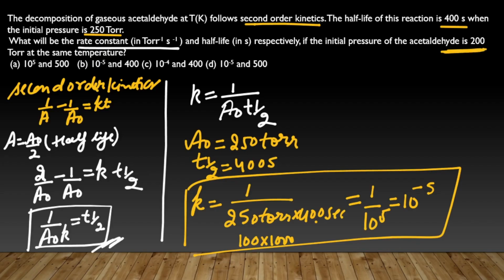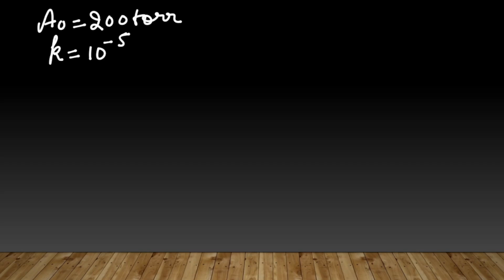This time the initial pressure is different. So if the A naught value is 200 torr, the reaction is still the same, so the rate constant is going to remain the same, in torr inverse second inverse.